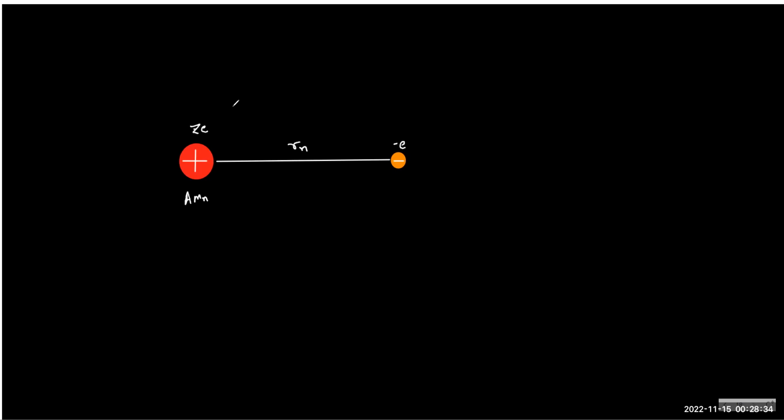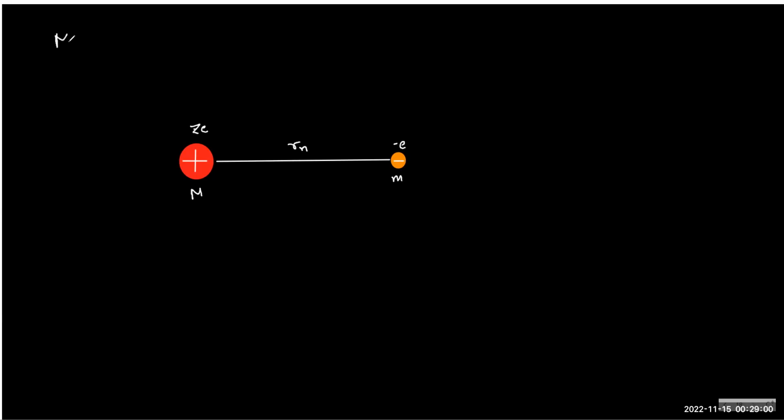Now, the mass of the nucleus will become important here. So far, we were not considering the mass of the nucleus. Now we need to know the mass, because we are doing the modified Bohr's theory. So for simplicity, I will call this capital M and this small m. I hope this is clear.